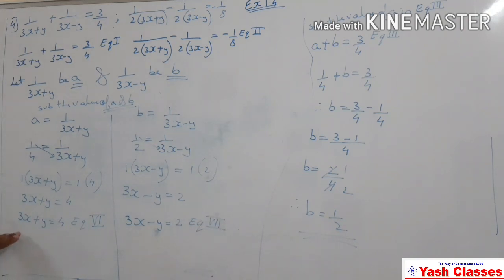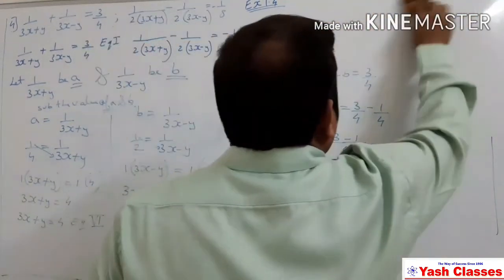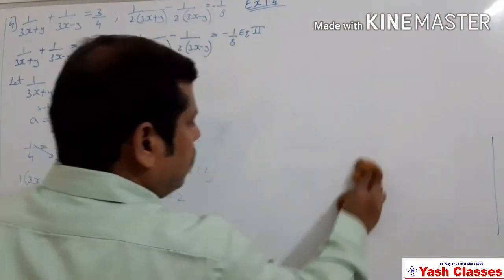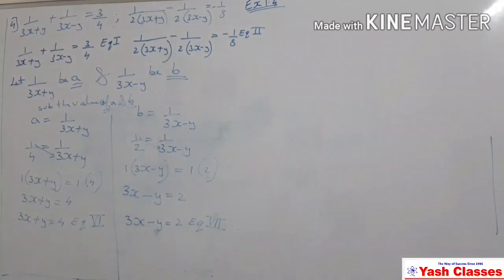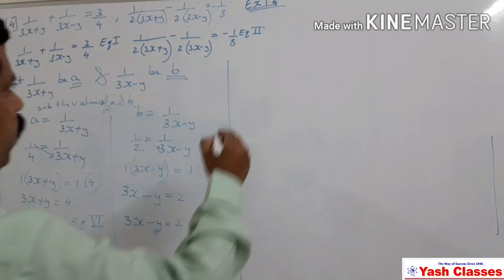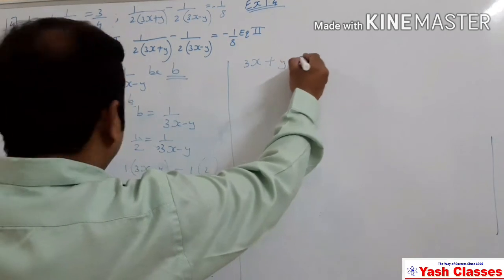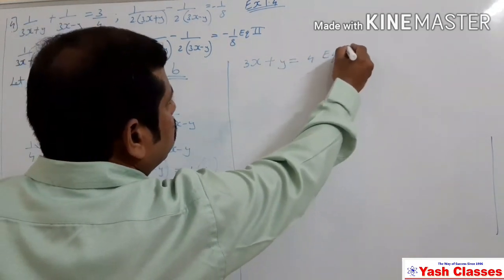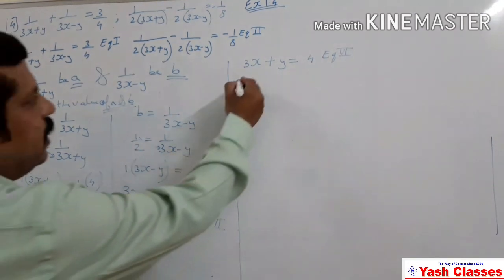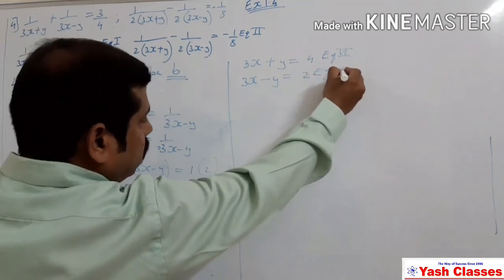Now you got equation number 6 and 7. 3x plus y is equal to 4, equation number 6, and 3x minus y is equal to 2, equation number 7.